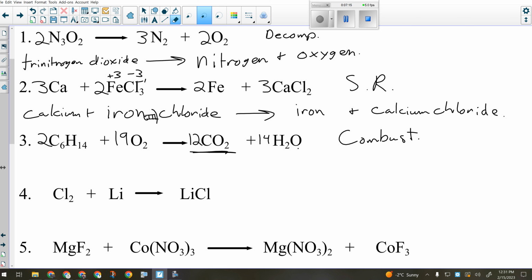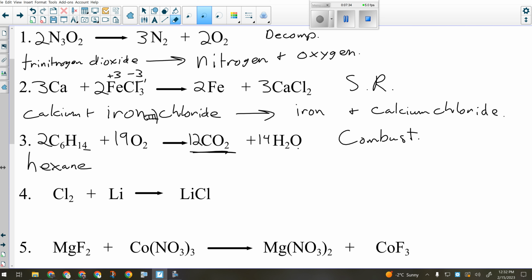If I'm writing this thing out in words, I don't know what the prefix is for 14. I don't know it off the top of my head. But this stuff here is hexane. I would not give you one on a test that you could not do with the prefixes up to 10. So you won't get one like this on a test.